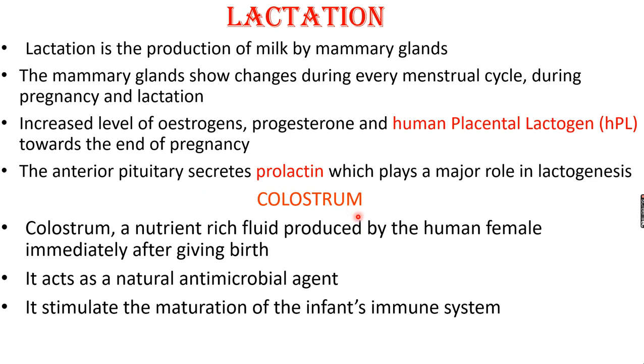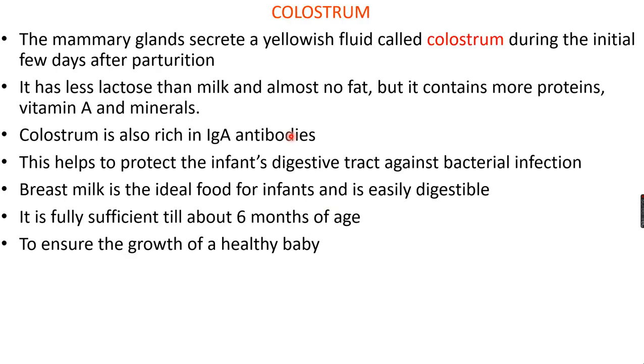What is colostrum? Very important question. Colostrum is a nutrient-rich fluid produced by the human female immediately after giving birth. That yellow colored fluid is called colostrum, and it is a natural antimicrobial agent that stimulates the maturation of the infant's immune system. The mammary glands secrete this yellowish fluid in the initial few days after parturition.